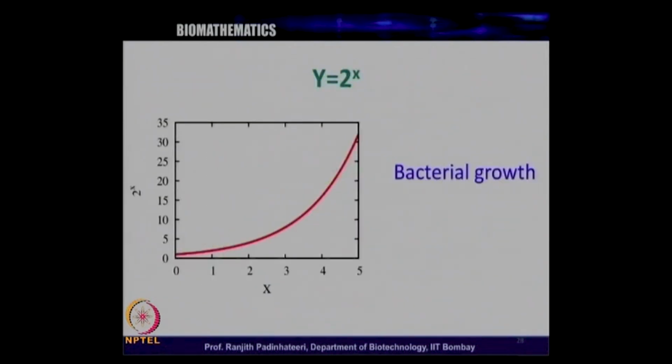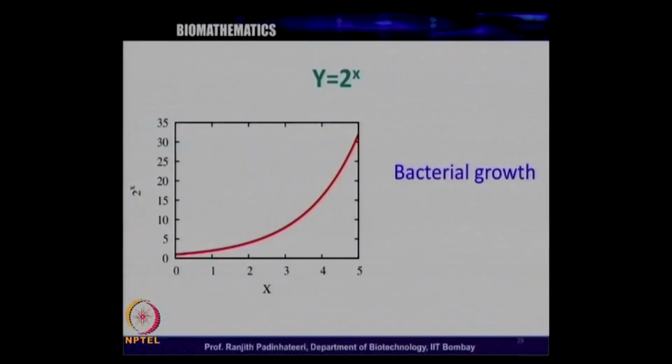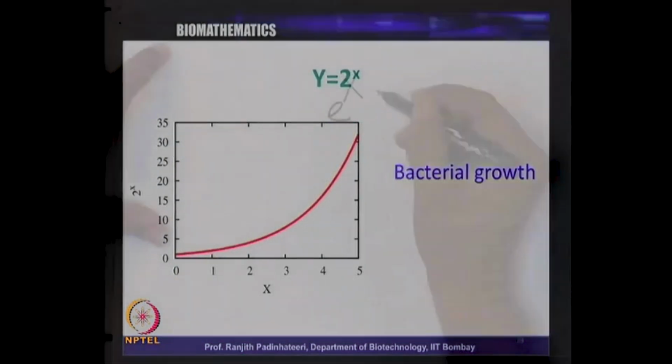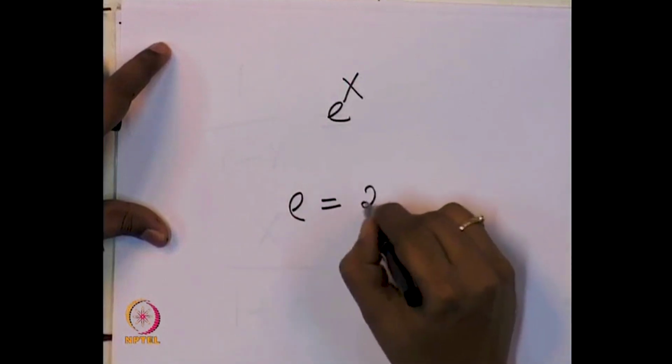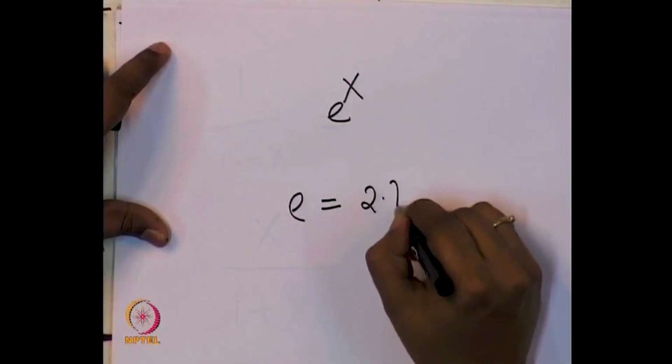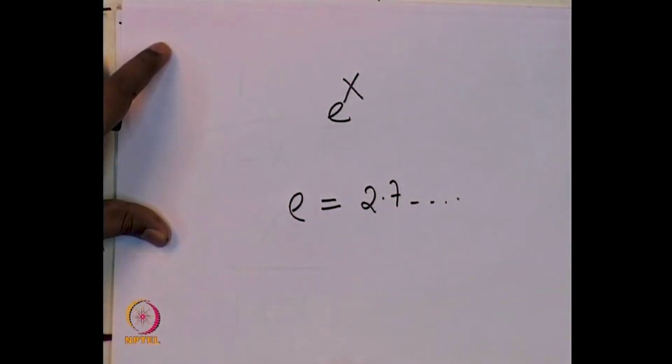Now let us look at some more functions which are very often seen in biological systems. Let us have a look at a function called 2 power x. What we have seen so far is e power x. When we saw that, we said that e is some number, 2.7 something.